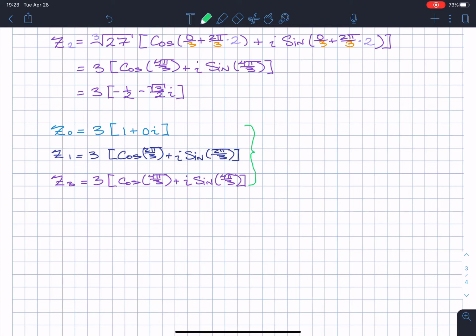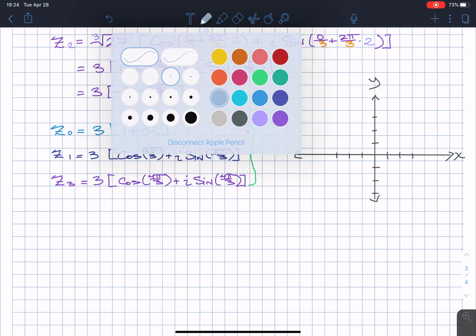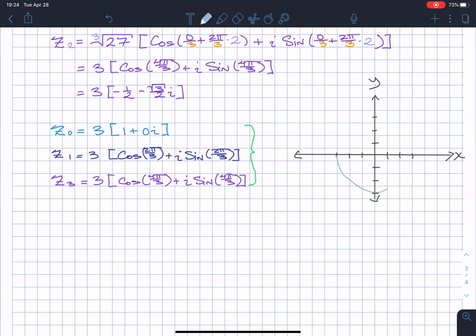So I'm going to consider a circle of radius 3. Let's see, 1, 2, 3. 1, 2, 3. 1, 2, 3. Let's see if I can draw a circle of radius 3 or not.